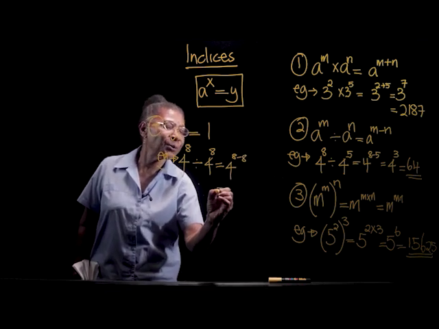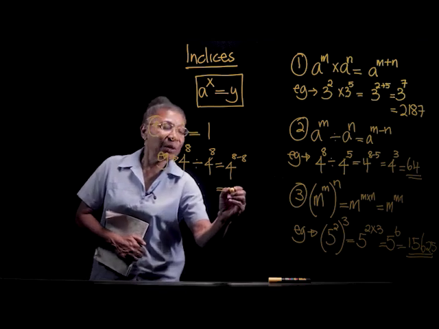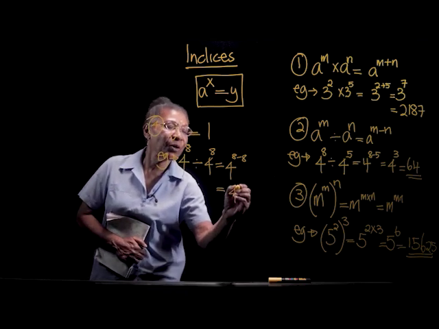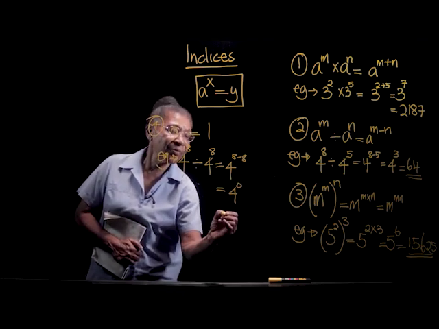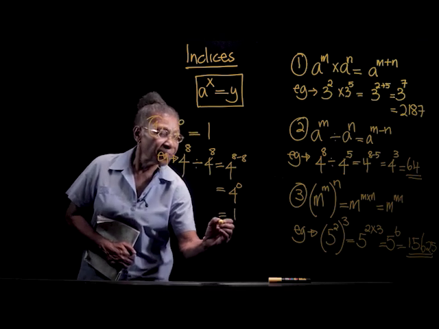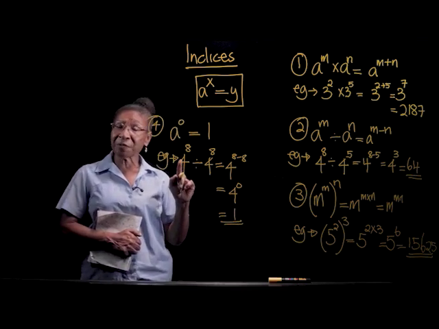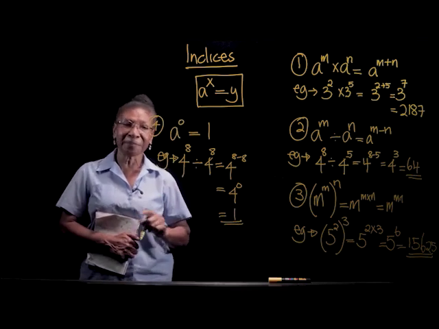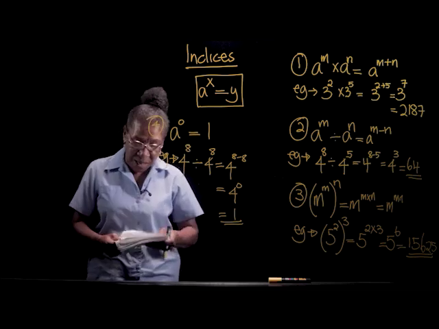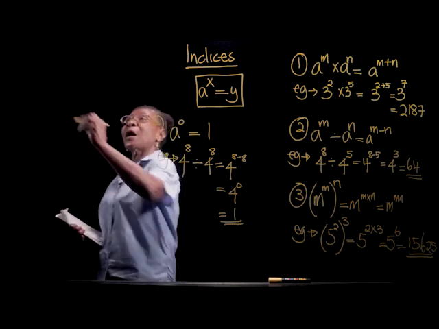And that would give me 4 to the power of 8 minus 8, which is equal to 4 to the power of 0, and its final value is 1. Any number, 1 million raised to the power of 0, its value is 1. That's this law. Let's continue on to rule or law number 5.